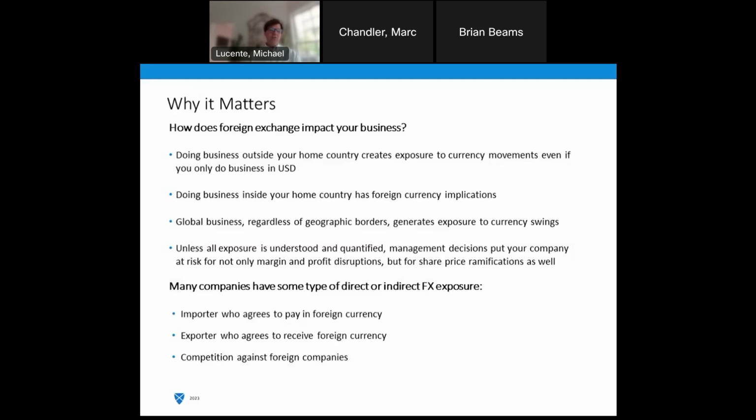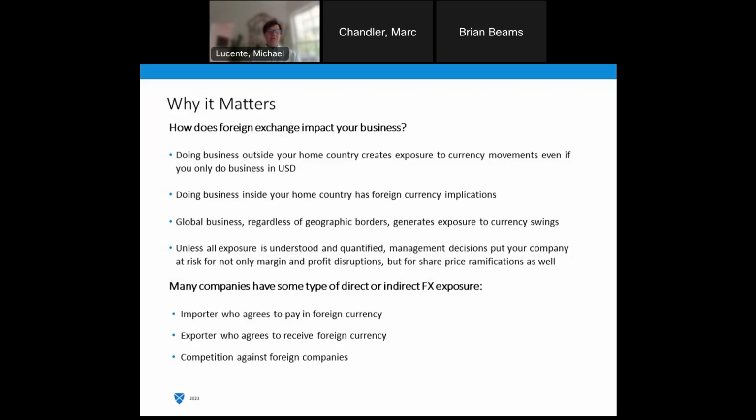If you're doing business anywhere outside the United States, Mark mentioned buying a piece of equipment, you could be paying an advisor, paying a supplier, or you could be selling in a foreign currency and receiving revenue in a foreign currency. Those currency movements affect the amount that you're going to receive.